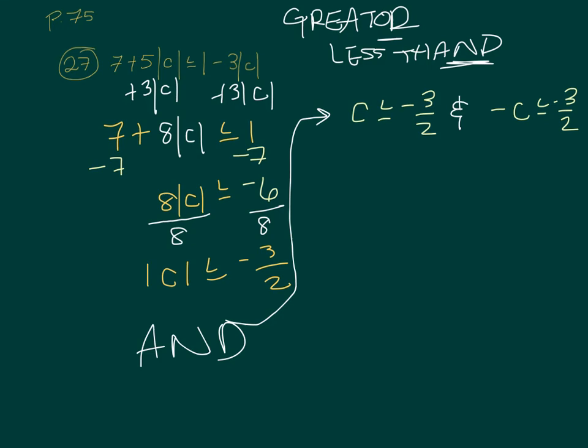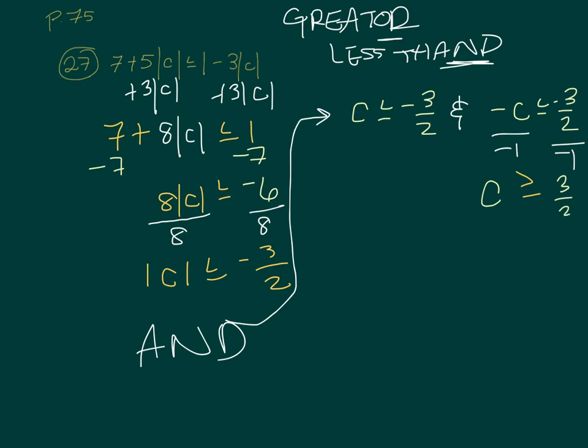So what I notice here, I've got c less than or equal to negative 3 halves. There's really nothing I can do to make that more simple, but on this side over here, I'm going to just divide by negative 1 on both sides. So that leaves me with c, switching the sign because I'm dividing by a negative, is greater than or equal to the positive 3 halves.